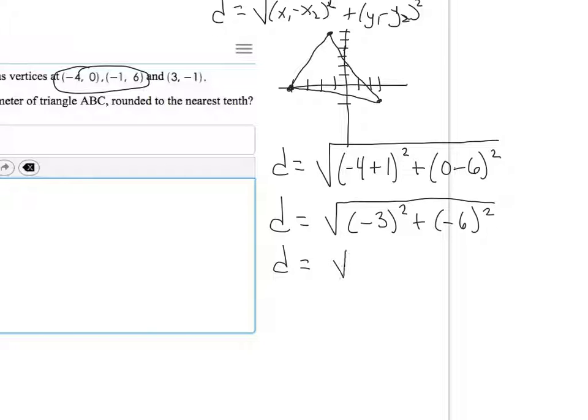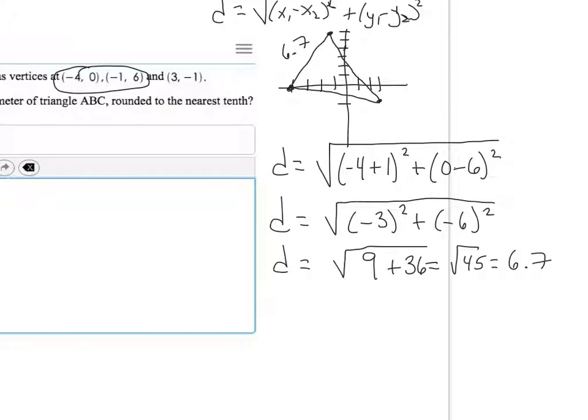So this distance is going to be 9 plus 36. So this is the square root of 45. And we're rounding to the nearest tenth, so I'm just going to put the square root of 45 into my calculator. So I get 6.7 for that distance. So this side of the triangle is 6.7.